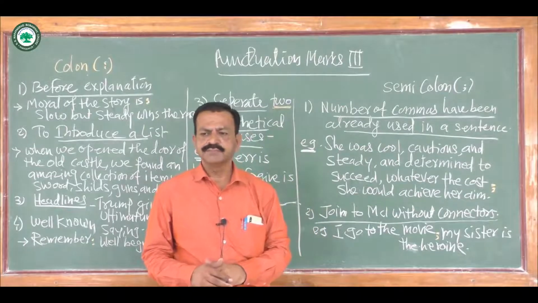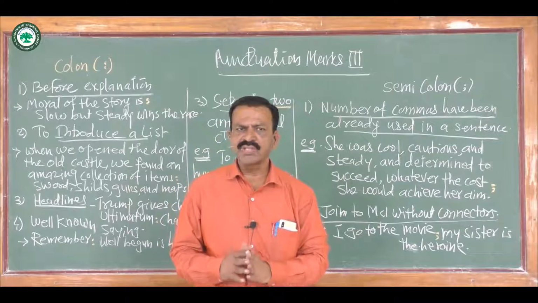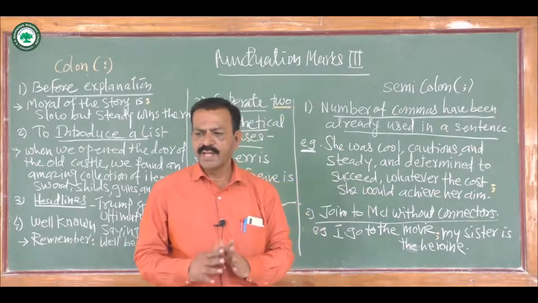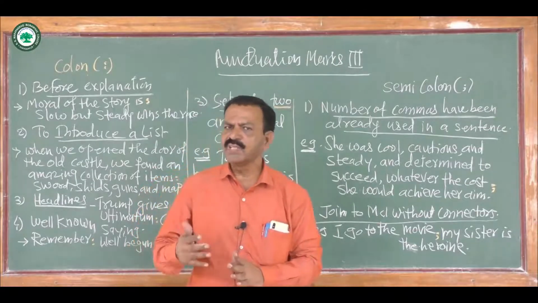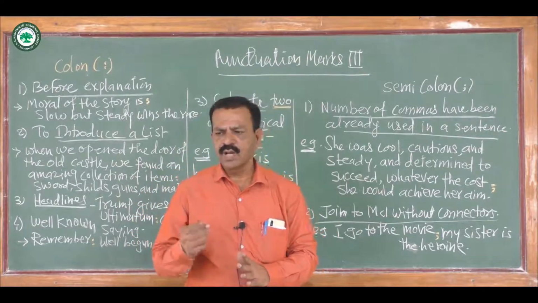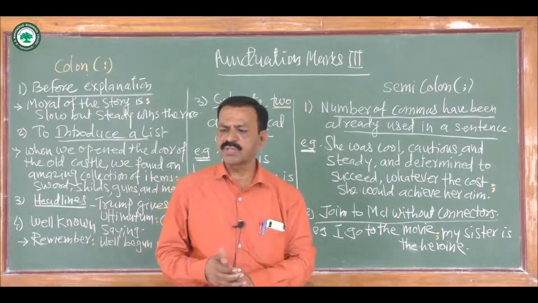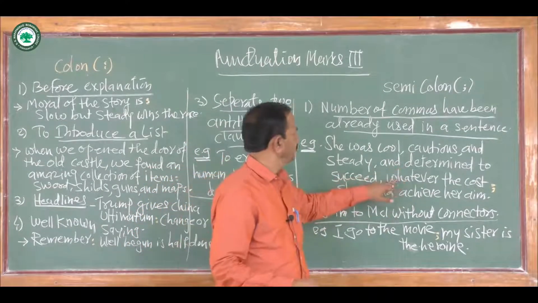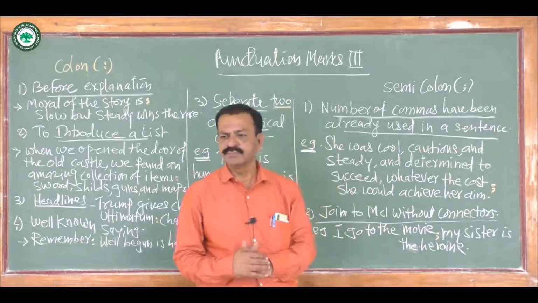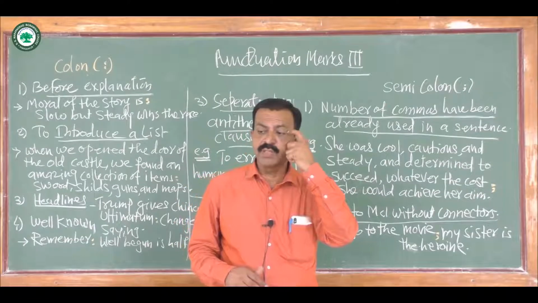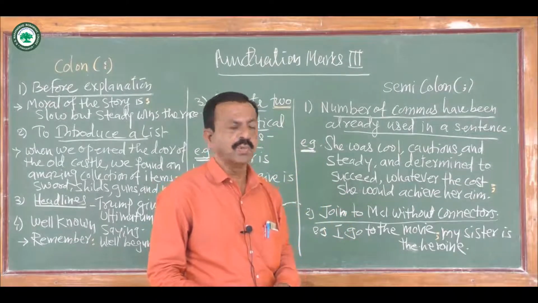For example, she was cool, cautious and steady and determined to succeed, whatever the cost, semicolon, she would achieve her aim or goal.